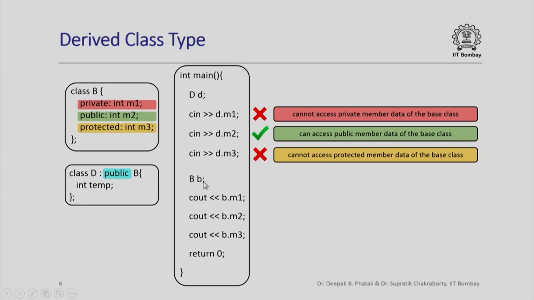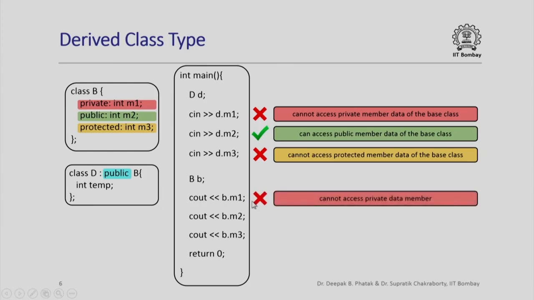Since this object small b is of the class capital B, it has all these three data members M1, M2, M3, but because M1 is specified to be a private data member, I cannot access M1 from the main program over here, so this will again give rise to a compilation error. M2 is a public data member of the class B, so I can access the data member M2 in the main program.